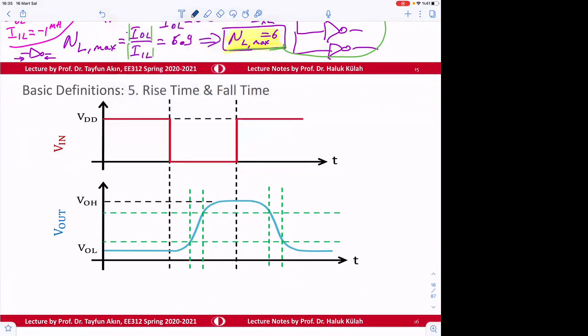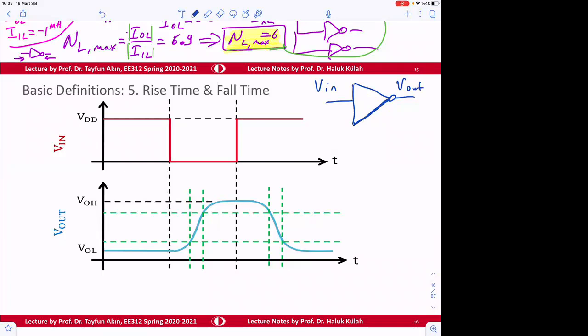Now, another thing is we will be looking at these inverters. Timing is also critical. Delays. So the input is here, and there's going to be an output.